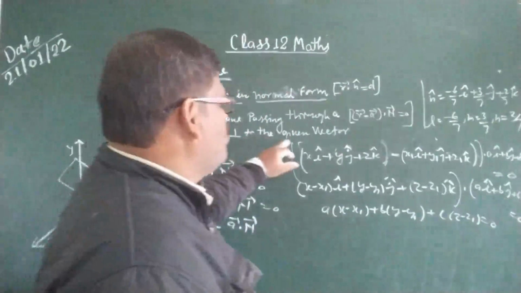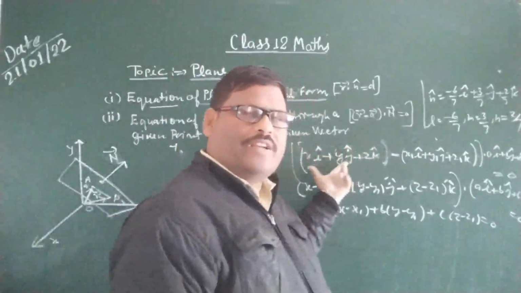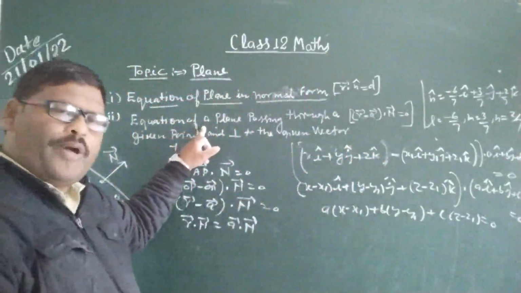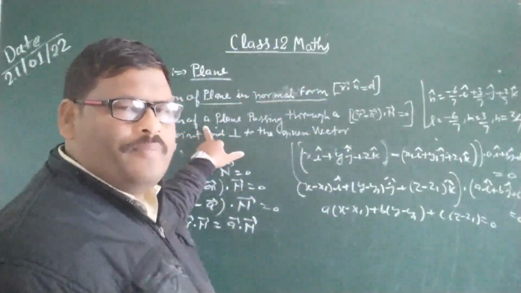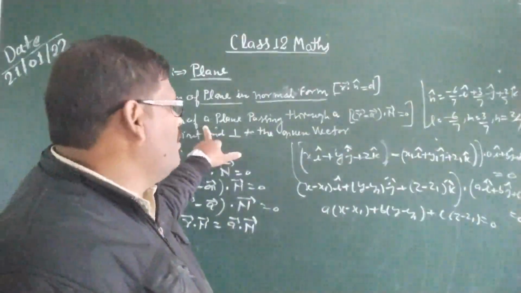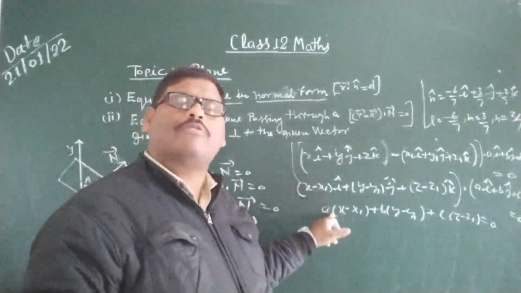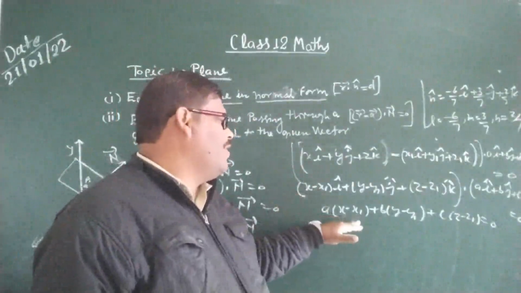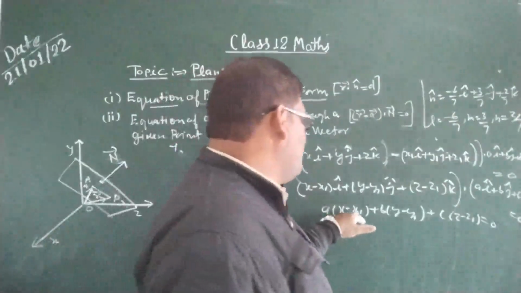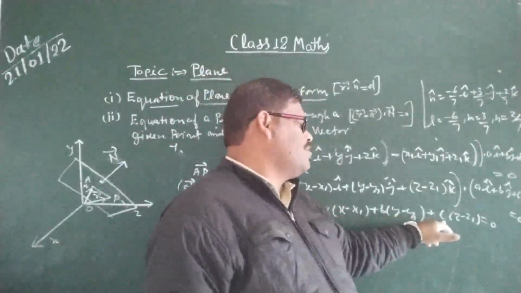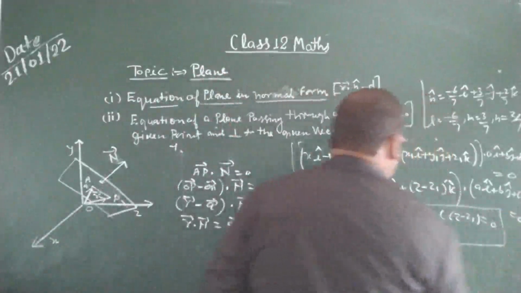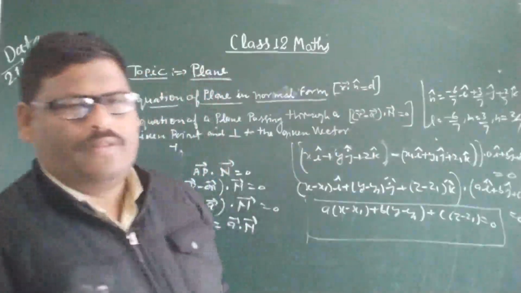So this is the standard equation of the plane in Cartesian form that passes through a given point and is perpendicular to the given vector n. The given point lies on the plane and the vector n is perpendicular to the given plane. Therefore the equation of the plane will be a times (x minus x1) plus b times (y minus y1) plus c times (z minus z1) in Cartesian form, that is the standard equation.